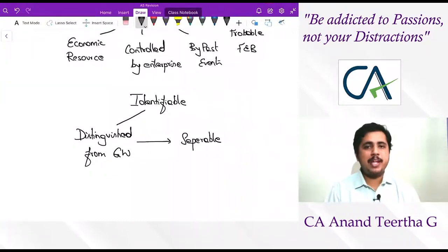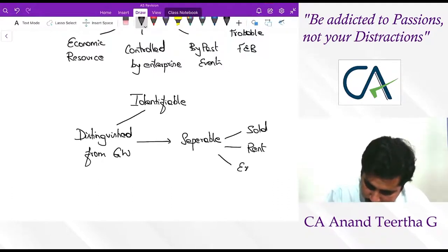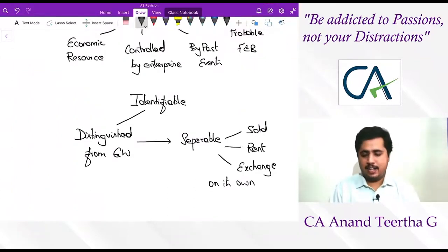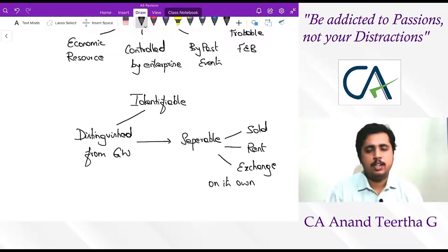Now what do you mean by separable? It means that it could be sold, or rented, or exchanged on its own. All this sale, rent, and exchange will lead to future economic benefit, and it could generate future economic benefit on its own. That is called separable.